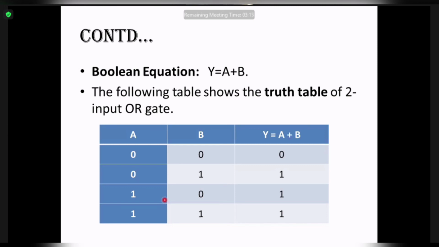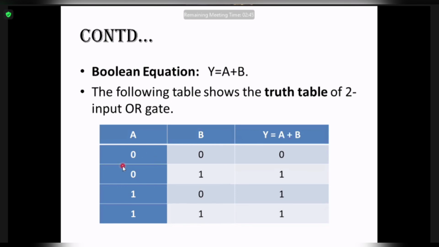High and low, yes, they are the representations of inputs, right? But over here, in the truth table, we will not use the terms high and low. We will normally write 0 and 1 only, right? But even if you write high, low, or true, false, it is not incorrect. So if I write false, false, false, true, true, false, true, true, it is also correct.